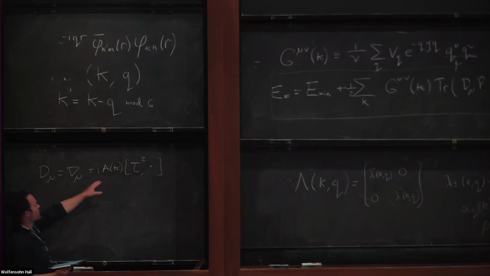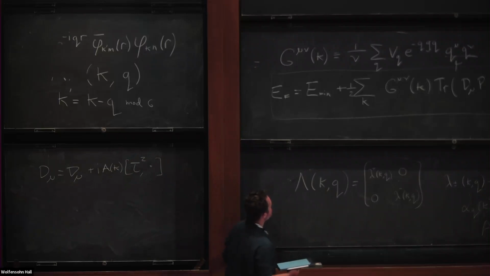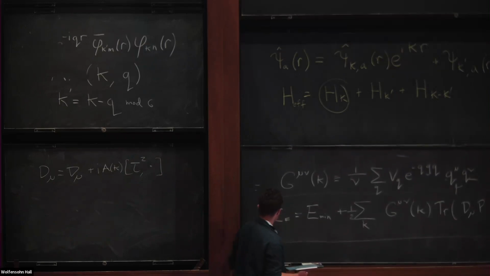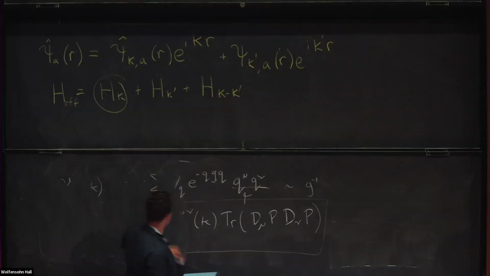So I have a Berry connection, which is diagonal in tau z by the assumption of the diagonal form factor. Okay, so this now leads to a kind of cool result. Let me say, for the moment, let's assume that it is intervalley coherent. And I'll probably have to cut this lecture short. So let's assume that the form of P is entirely intervalley coherent.